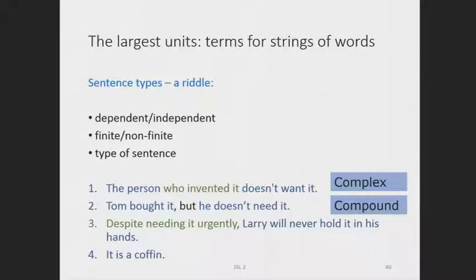Compound sentences. Like compound words made up of two nouns, this is a compound sentence made up of two main clauses. Then we have again a subordinate clause and a main clause, so again that's a complex sentence. And if these are complex, what is just a main clause then? Really simple, it is simple. Okay? These are the different sentence types we will deal with.